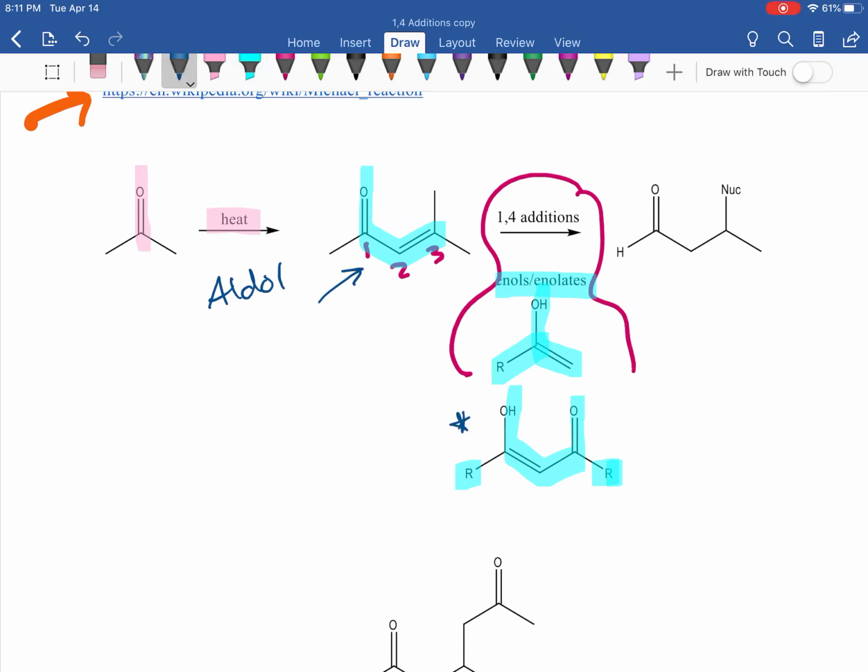It turns out, let's take a second on why we even care about these and why those are so common. In fact, I think the original Michael reaction had one of these with some esters. So if you have just acetone, remember that equilibrium, that tautomerization into that enol, you have mostly this one, somewhere between 99 and 97% is actually the ketone.